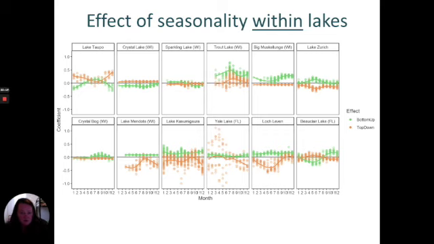Just thinking about the top-down effects, you can imagine that as Daphnia are emerging from the egg bank and you're getting a lot more algal production, those Daphnia are going to have a really strong top-down effect and graze the algae down to lower concentrations.